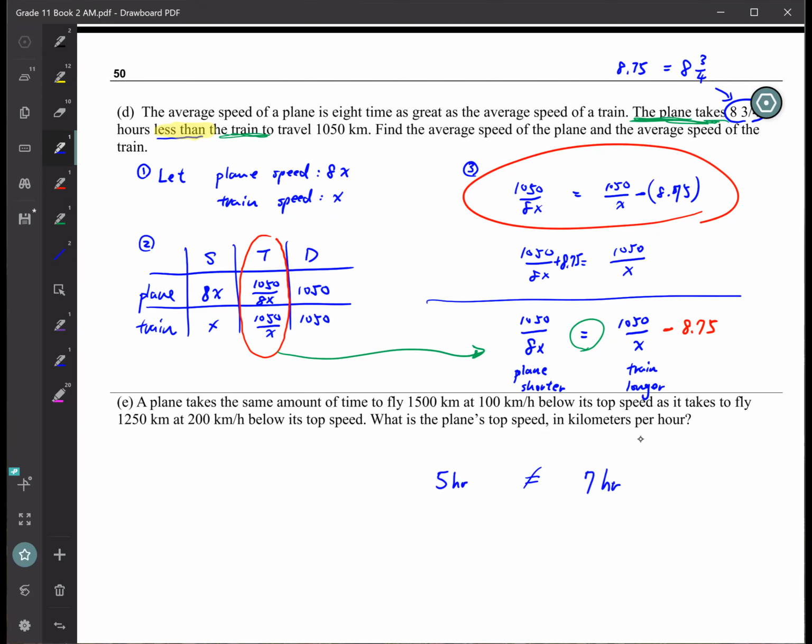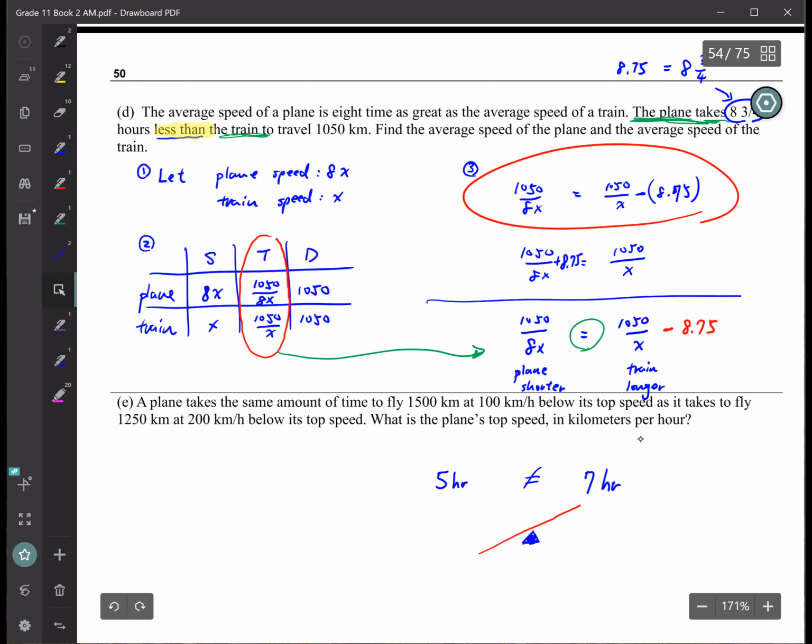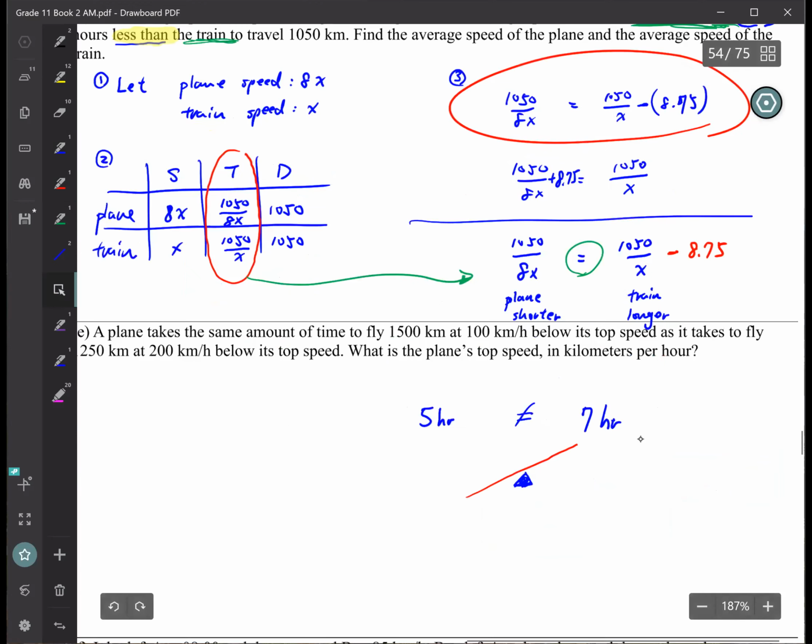So your balance scale is tilted this way, because the right side is taller. Longer time means taller. Shorter time means lower. Higher and lower.